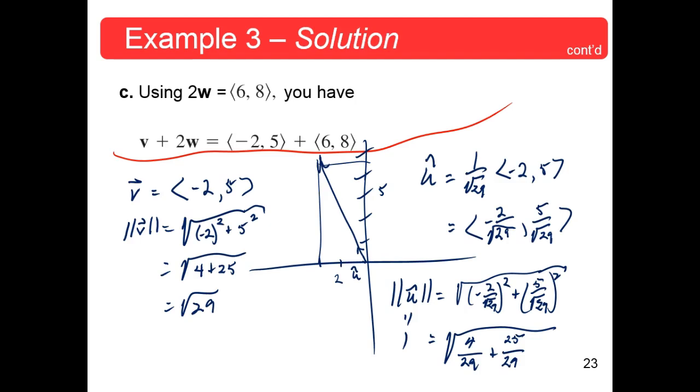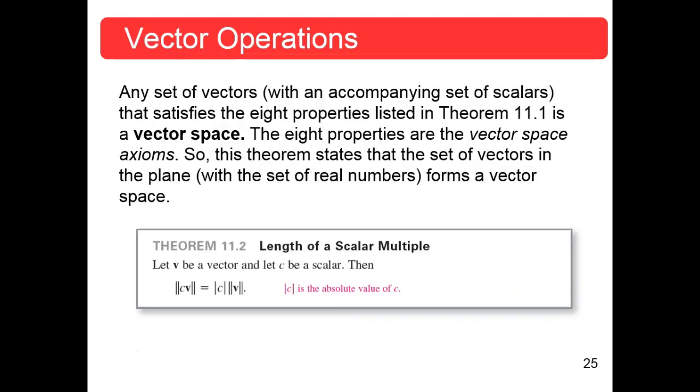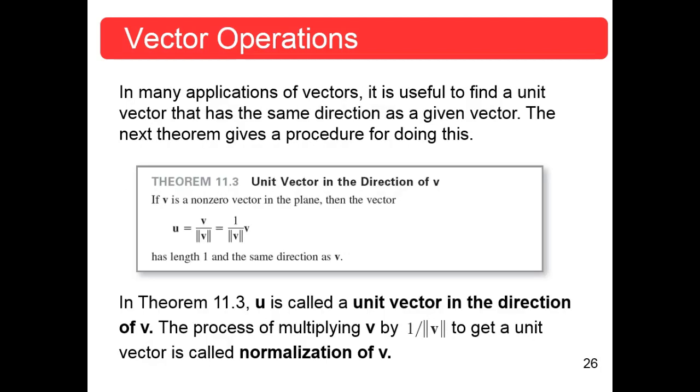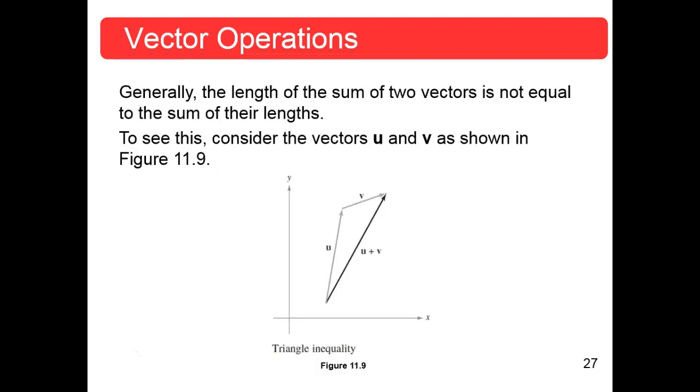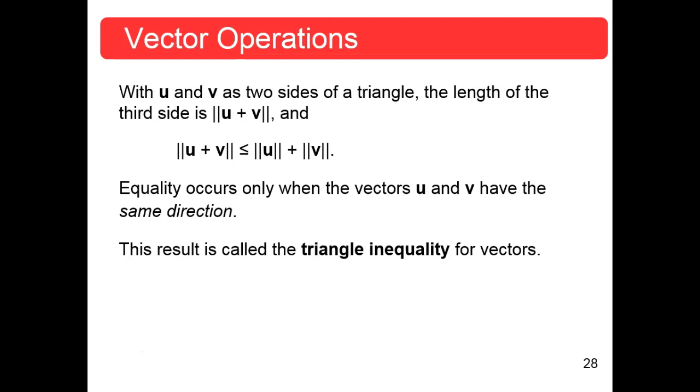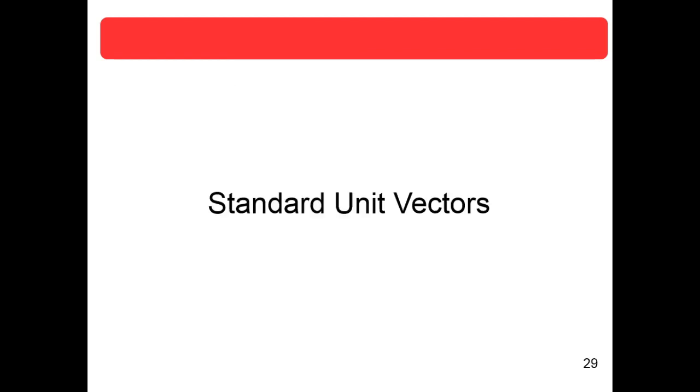And that's what they did in example 4. So let's go back to where we were before I realized we'd skipped 4. We had talked about the triangle inequality. Now let's look at standard unit vectors.